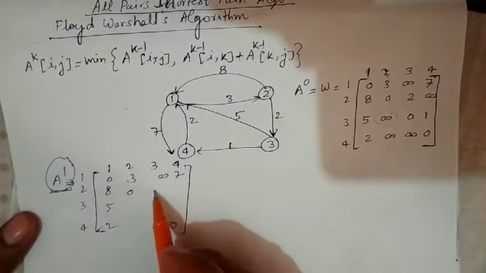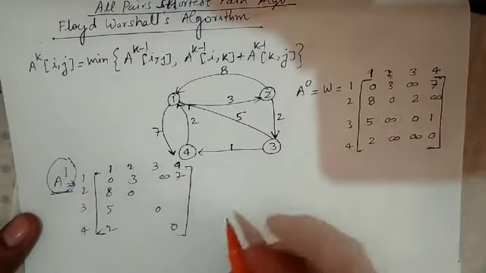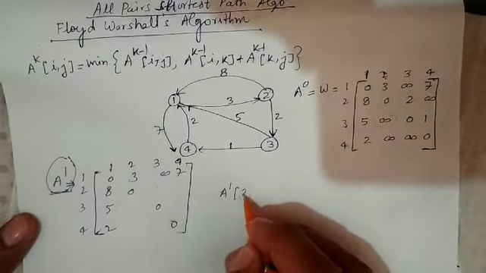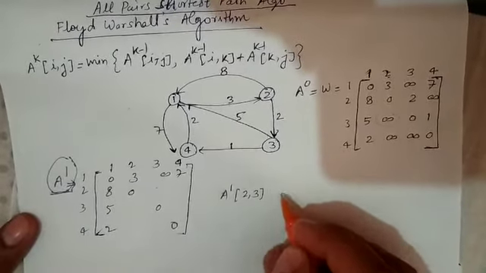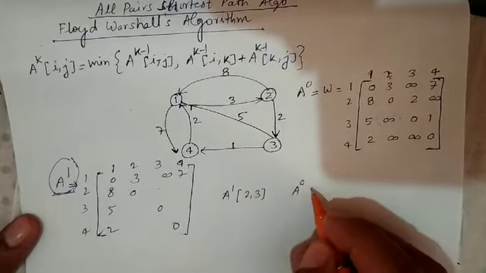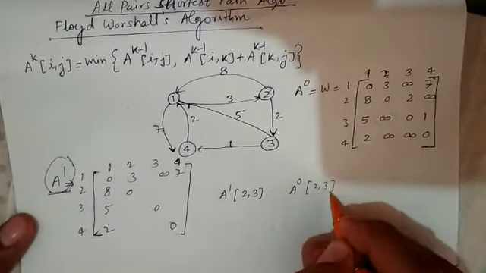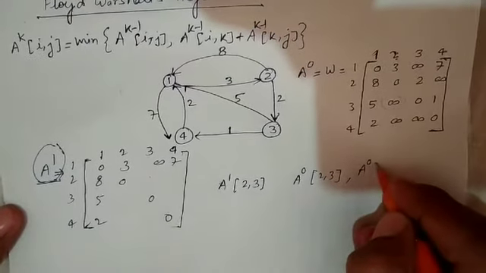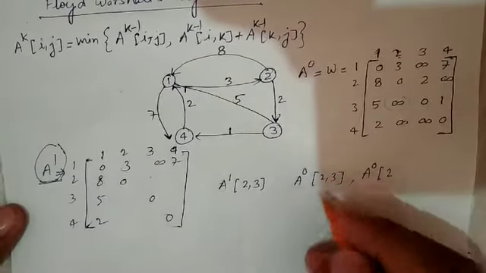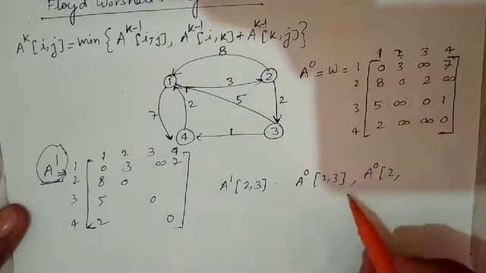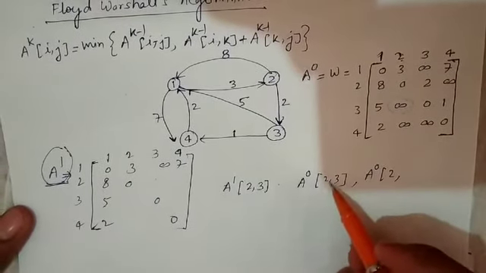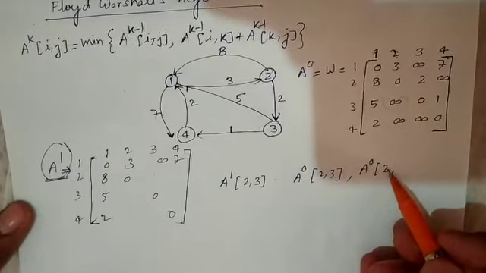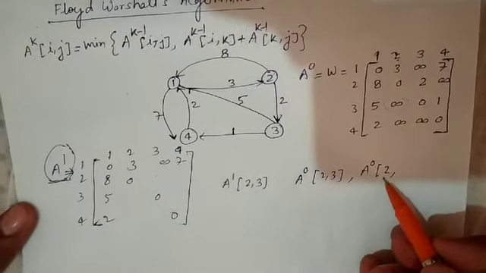Suppose we want to calculate 2 to 3 in the A1 matrix. This will be calculated from the previous matrix: either the previous value of 2, 3, or is there a connection through vertex 1?